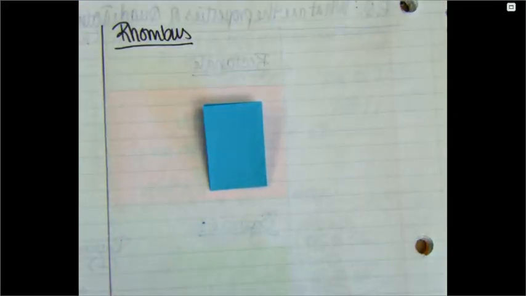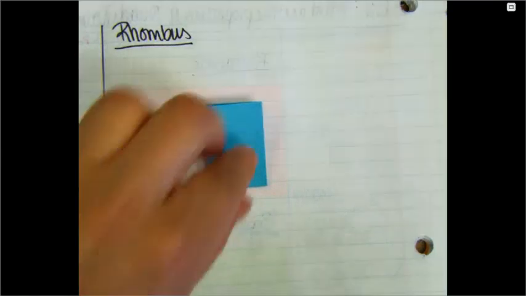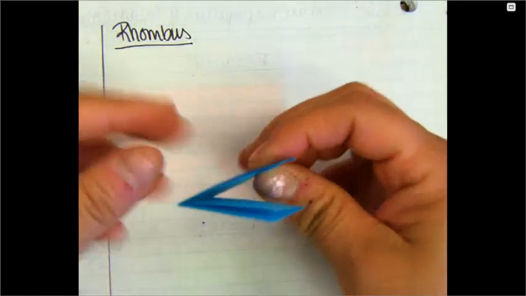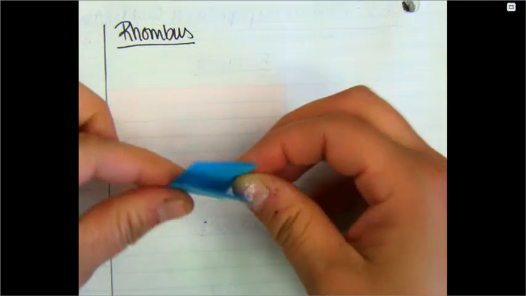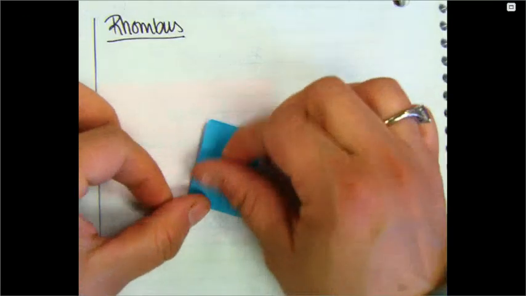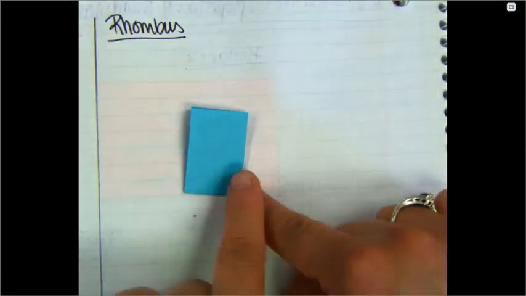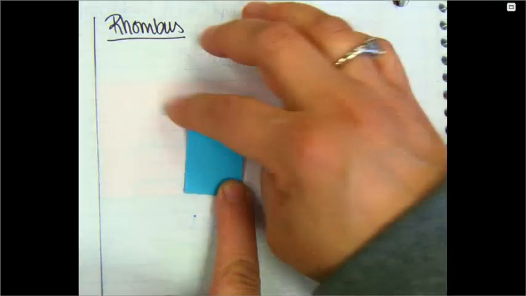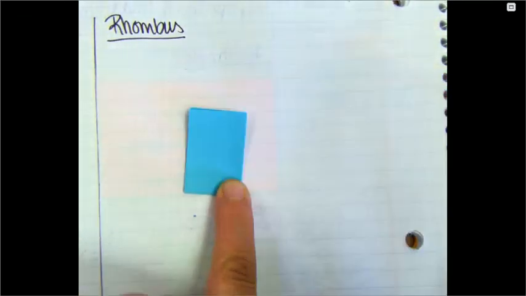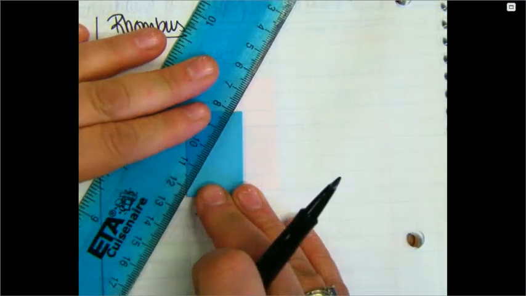Pay attention. Ruler. No, not yet. It's very specific. Okay, so pay attention. You see how this is the open side? And you see how this is the open side? This is the corner I don't want to touch. These are all the open sides. Do you see them? Watch what I'm doing. I'm going to connect the two open sides.